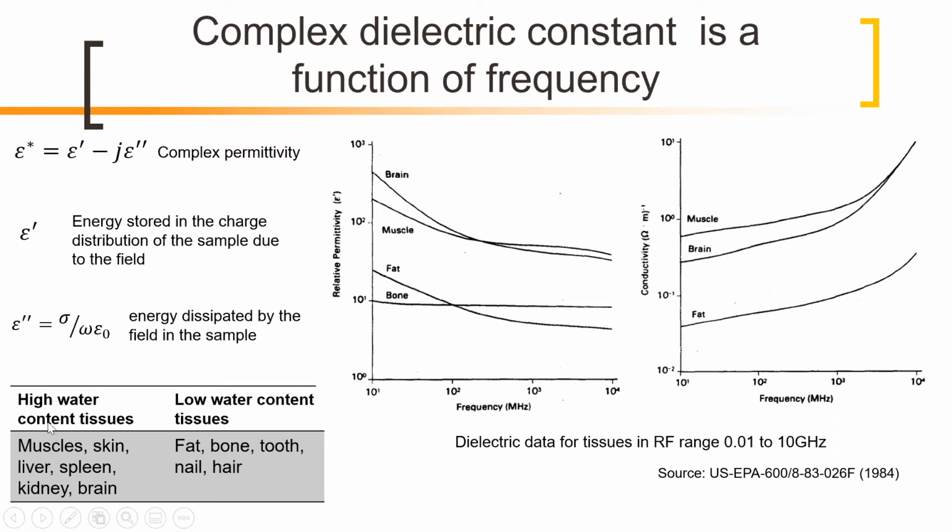For instance, here we can see high water content tissues, including muscles, skin, down to the brain, and also low water content tissues. And we can see the values of their relative permittivity as it varies with frequency, while their conductivity, especially from the ionic component within these tissues, increases with frequency. And these determine how energy is stored within that tissue and the amount of dissipation that we experience.